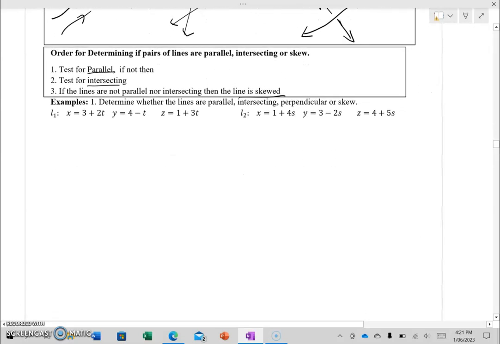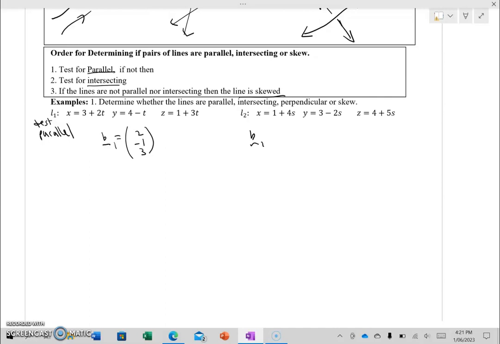So let's determine whether these lines are parallel, intersecting, perpendicular, or skewed. Let's test for parallel first. I'm going to write down their direction vectors. Look at the coefficients of the parameter: 2, negative 1, and 3. I'm going to call that B1.